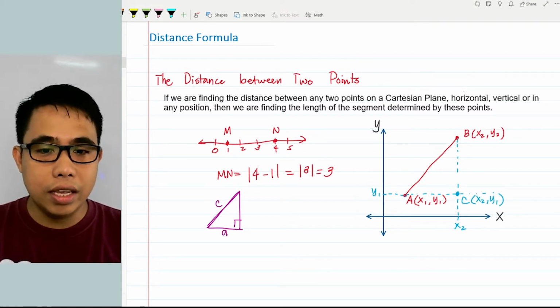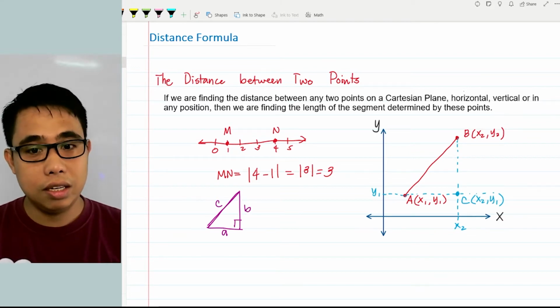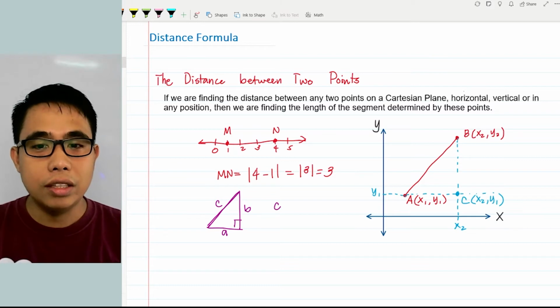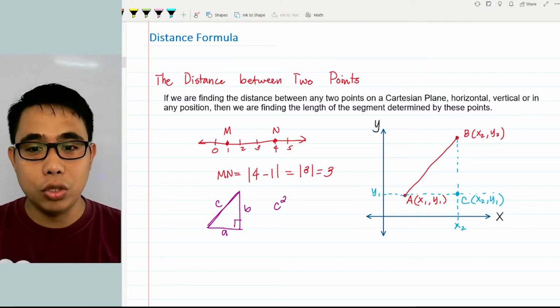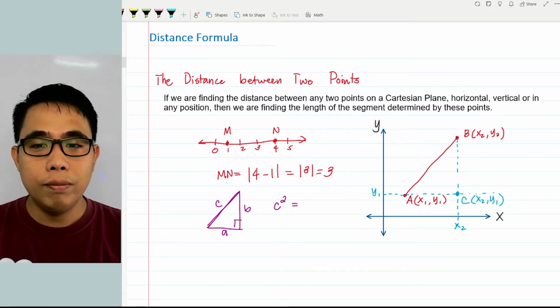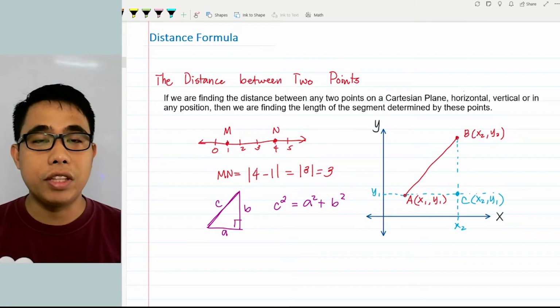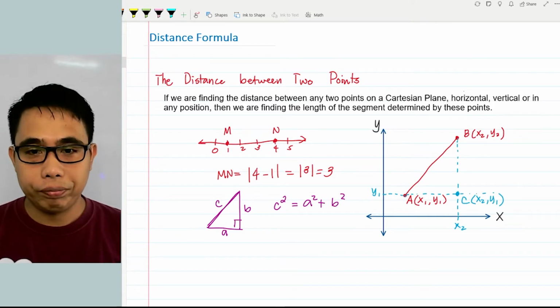The two legs are a and b. Then the square of the length of the hypotenuse is equal to the sum of the squares of its two legs. And this is the Pythagorean theorem.